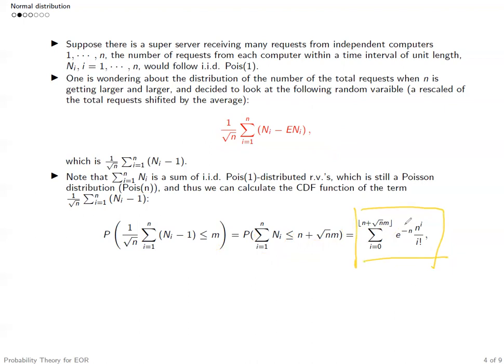But surprisingly, this monster has a limit when we let n grow larger and larger.